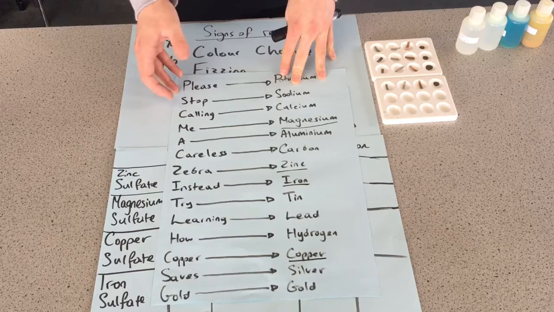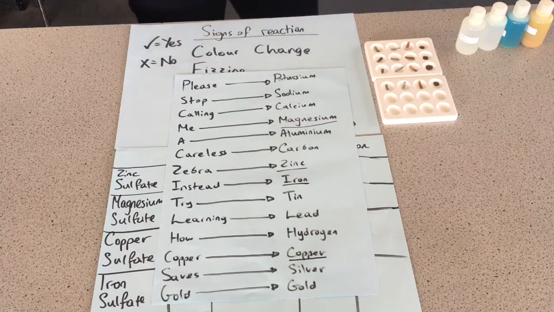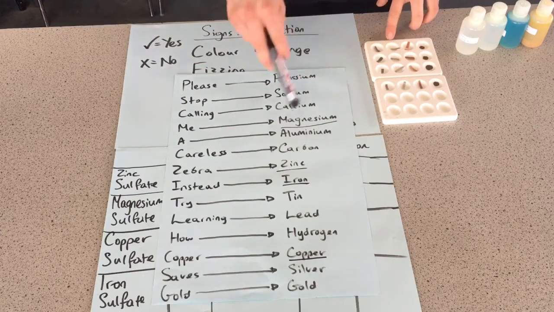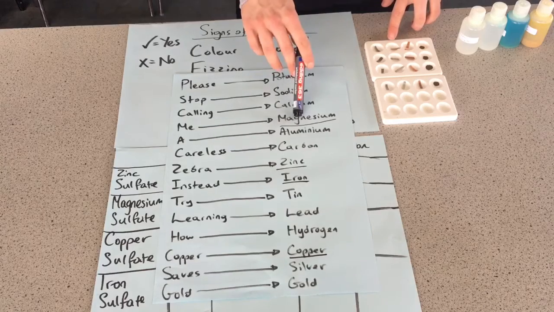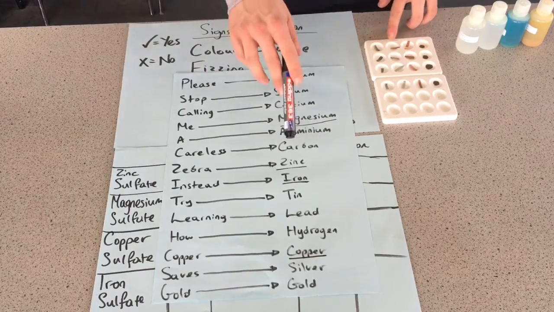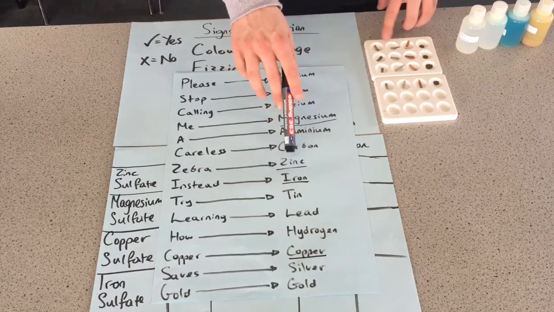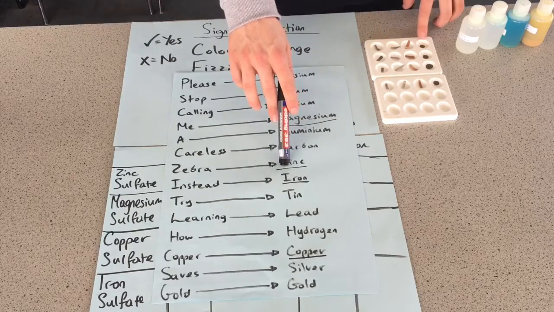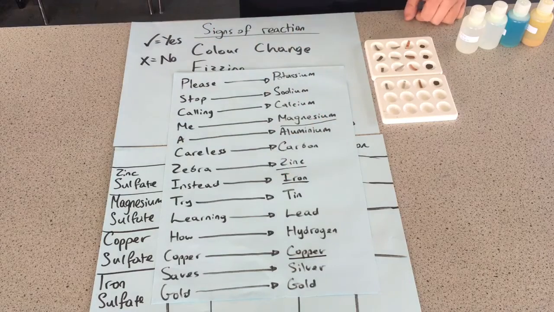My prediction is that magnesium is going to be my most reactive because it's highest up my reactivity series. Then zinc, then iron, and finally poor old copper is going to be the least reactive.